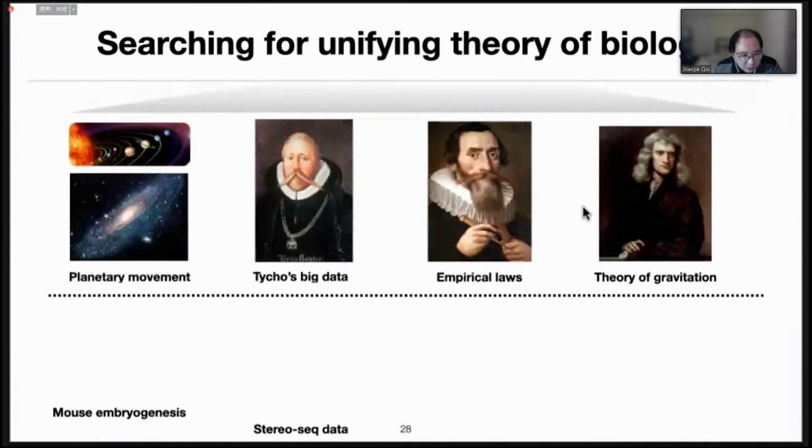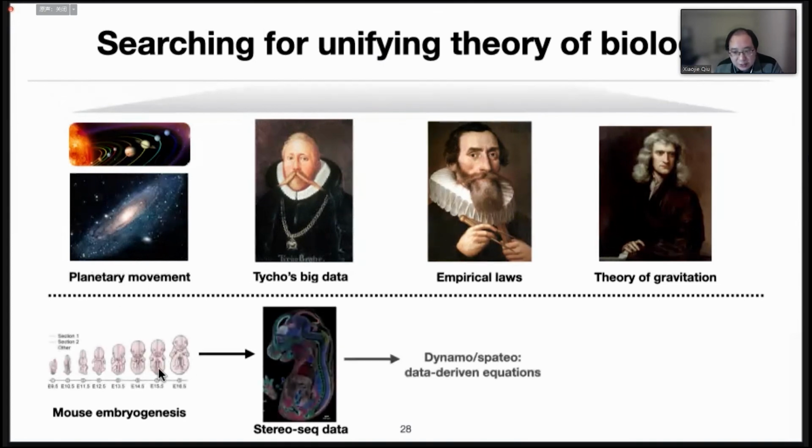So I want to end my talk with this analogy of searching for a unifying theory in astronomy. Like astronomers who want to understand planetary movement, biologists also want to understand how spatiotemporal kinetics works. With the big data generated with Stereo-seq and other methods, we can also derive data-driven equations with Dynamo and Spateo.